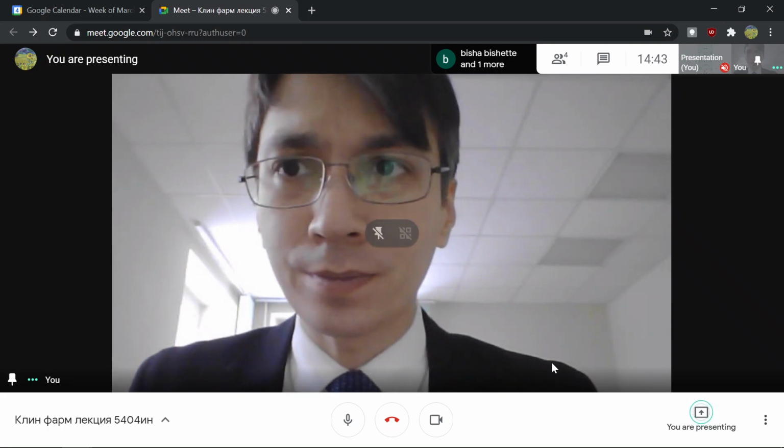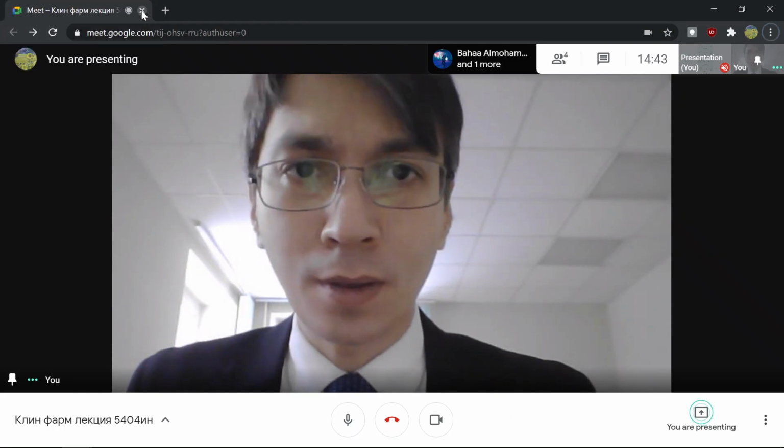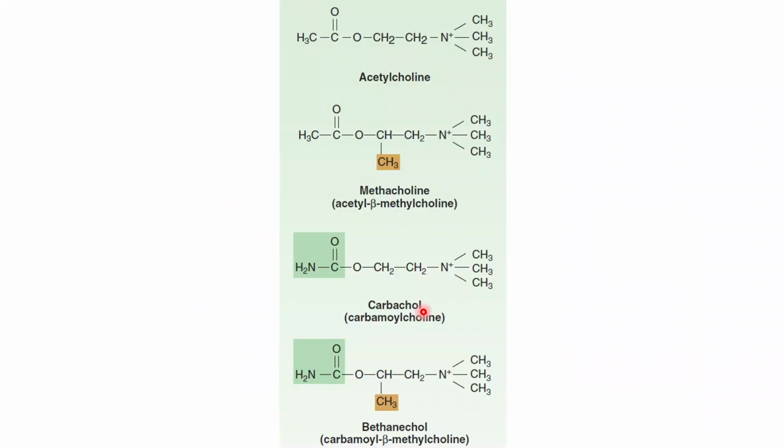So these drugs have effects on both receptors. Acetylcholine is typical, and a few of them are highly selective for muscarinic, like bethanechol and methacholine, or for the nicotinic receptor like nicotine.